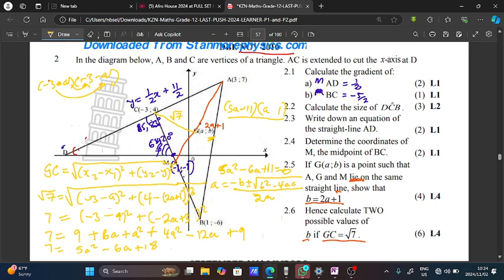Why are you not getting the values? You must get the values. Where? This one.